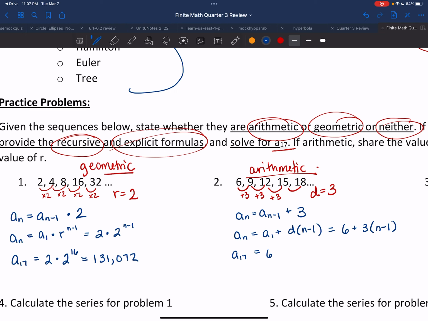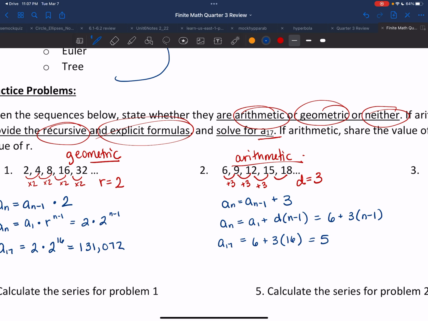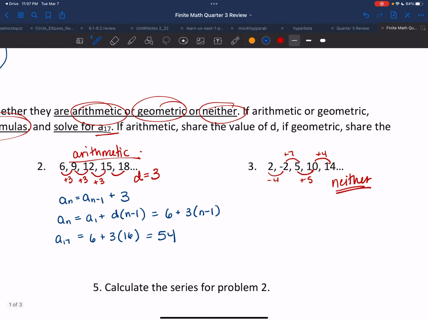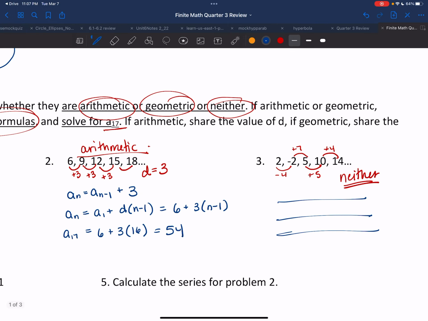And then a17, we have 6 plus 3 times 16. So in that case, we end up with a value of 54. And then for 3, we have neither, so we can't do a recursive or find any different values. So we're in good shape.